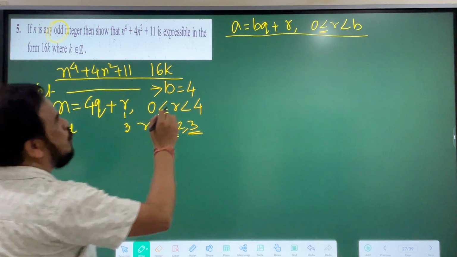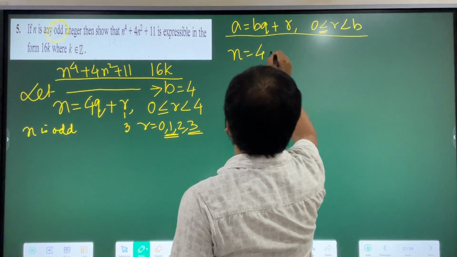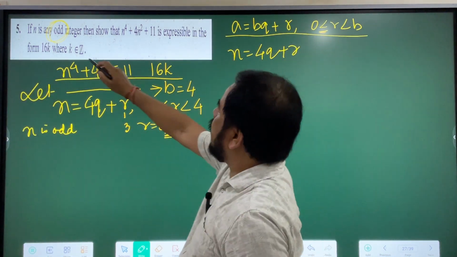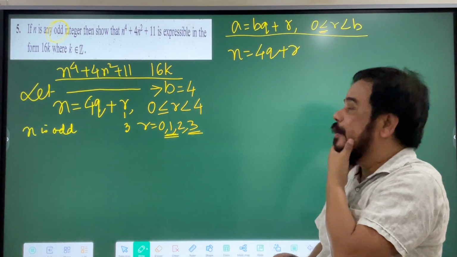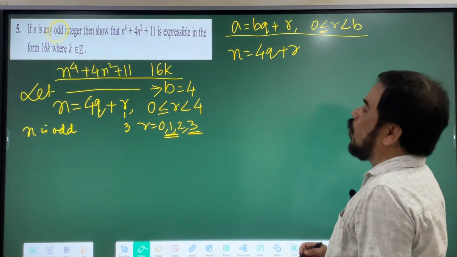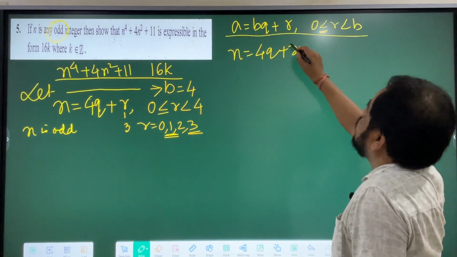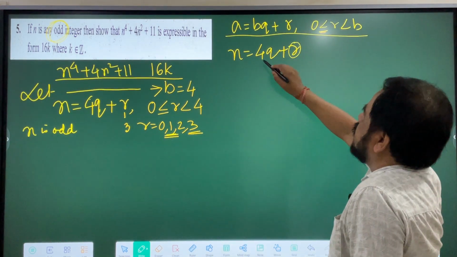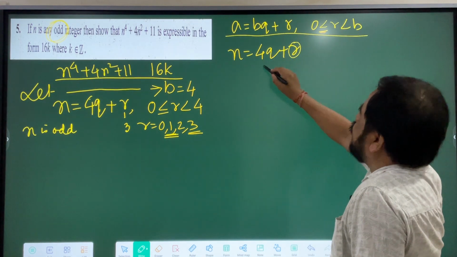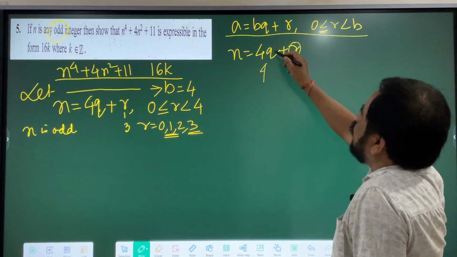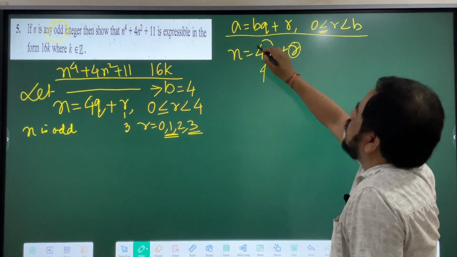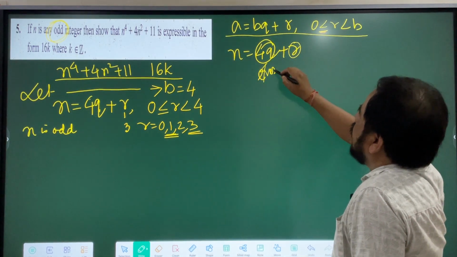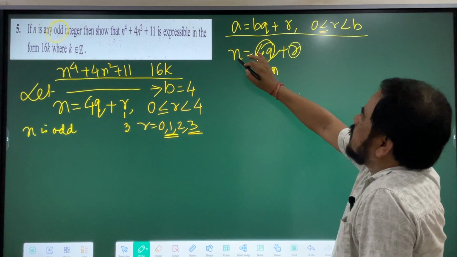See, n equals 4q plus r. Here it is written n is an odd integer. So when will it be an odd integer? When this place is odd. Suppose 4 into anything is 4 only. 4 into 1 is 4, 4 into 2 is 8. In place of q, whatever number you write, this term will always be even. But n is an odd number.